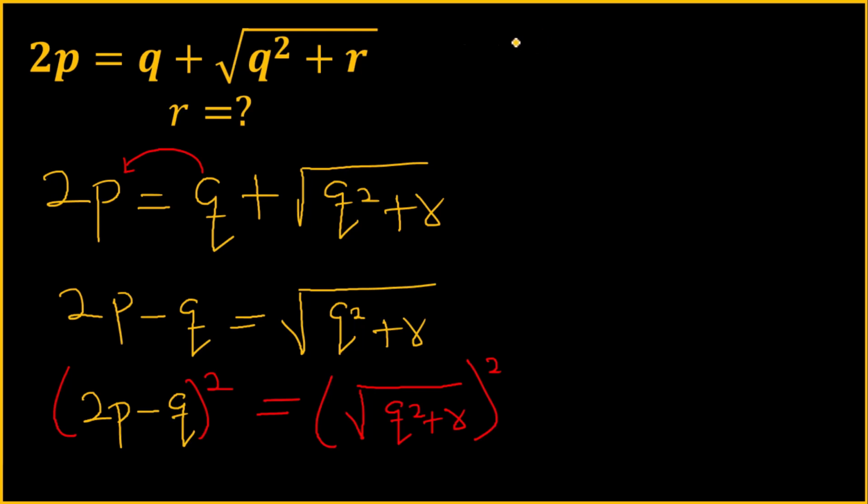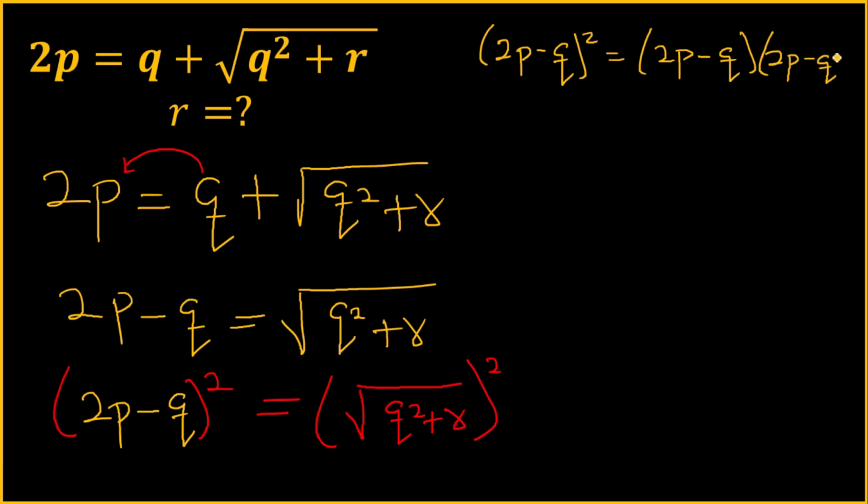From our basics, we know 2p minus q all squared is expanded this way: 2p minus q times 2p minus q.